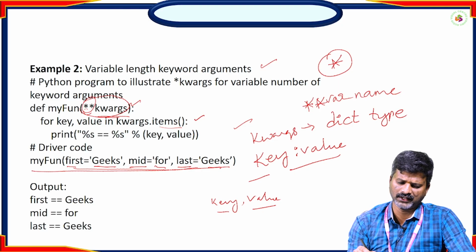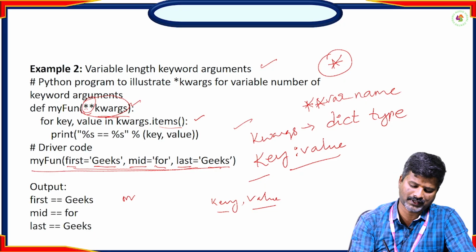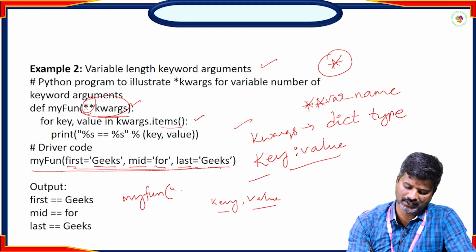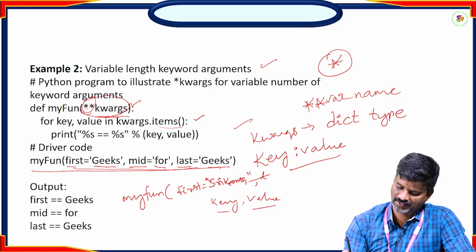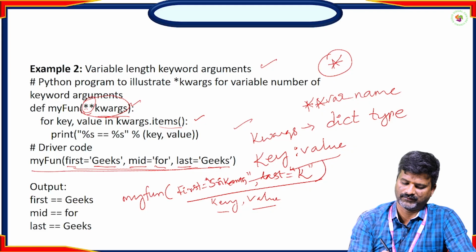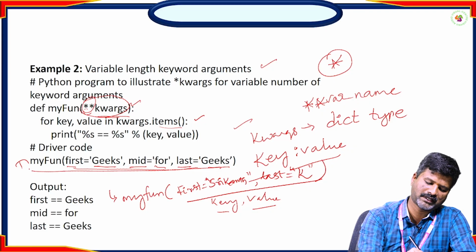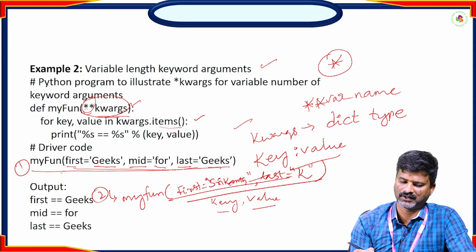If suppose you don't know how many parameters you want to pass, for example I am passing first name, first is Sreekanth, and the last name K, so I am passing 2. I am calling the first time with 3 keyword arguments, and the second time with 2 keyword arguments.